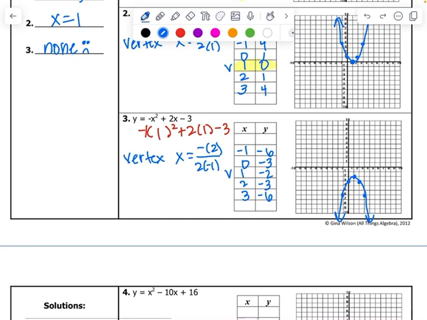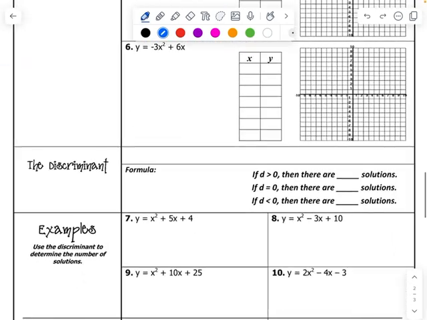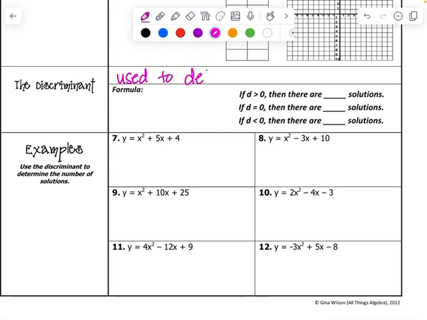Now, would you love to know how to determine if we have any solutions without having to graph it? Okay. If you turn to the next page, we have something called the discriminant. And the discriminant is something that we use to determine the number of solutions.